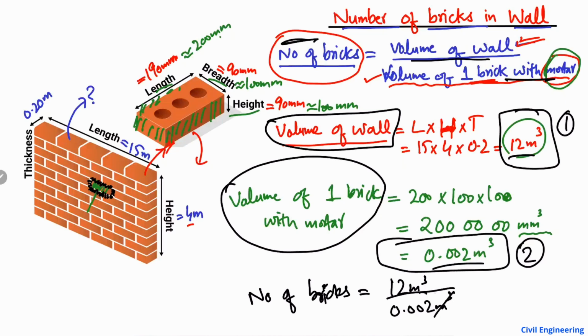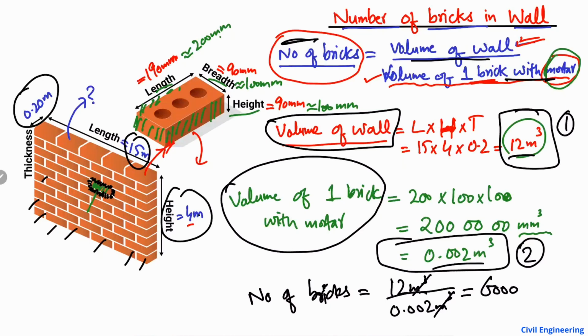Now we have the same unit, so the unit will cancel. So we got 6,000. So 6,000 bricks are used in this wall, which has a length of 15 meter, a thickness of 0.20 meter, and a height of 4 meter. So this is how to find the number of bricks.